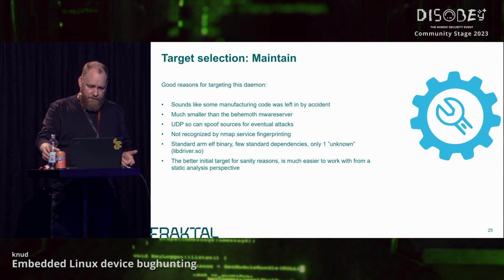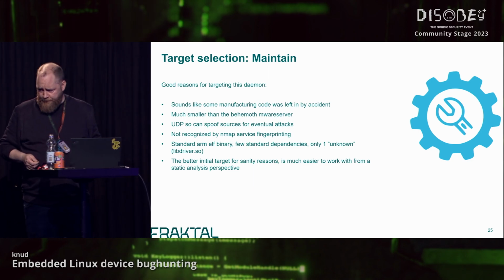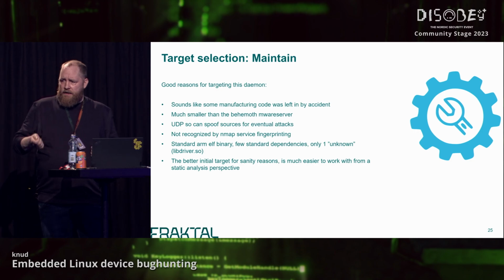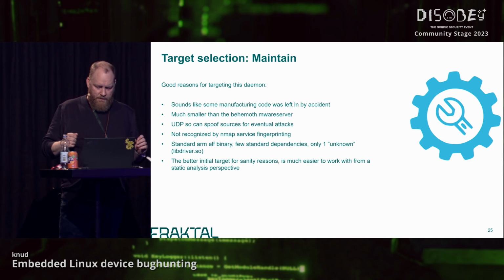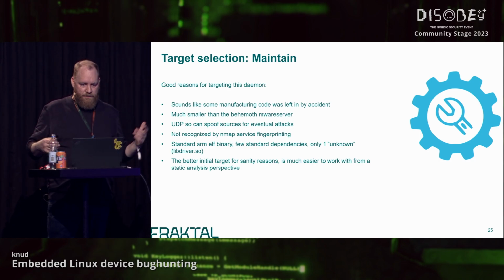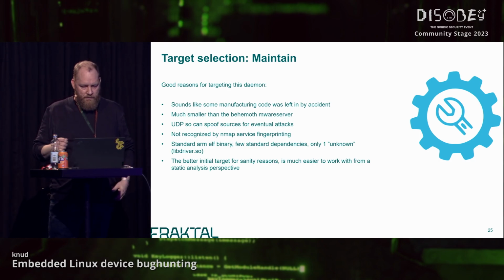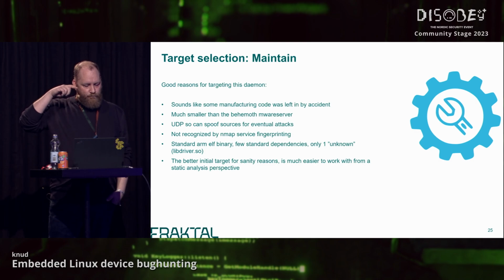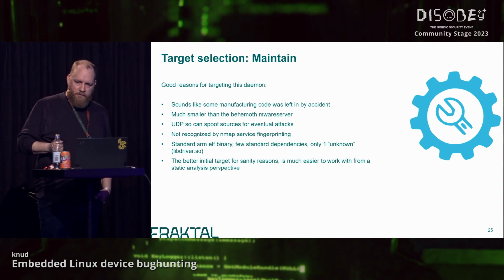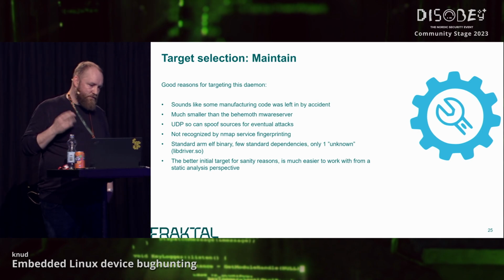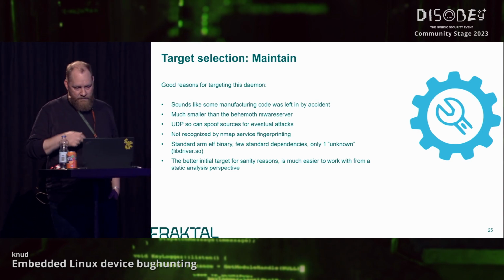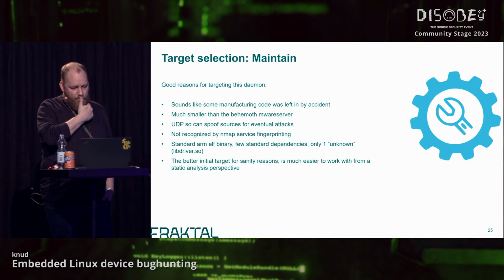It's a very small service, so it's easier to do some static analysis on the binary without going crazy, because you can actually finish before the sun burns out. It's UDP, so you can spoof sources and send pew-pew packets without them knowing who is hacking the camera.